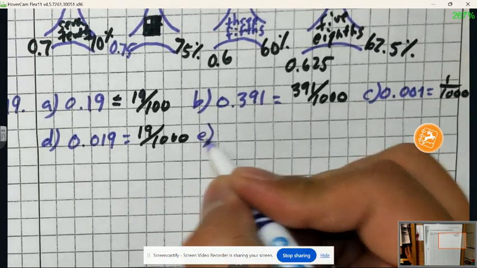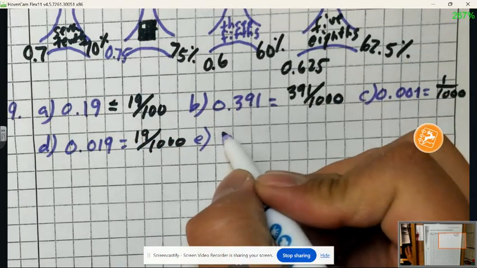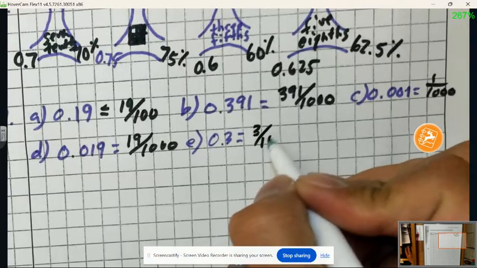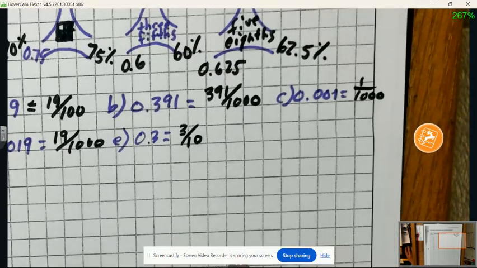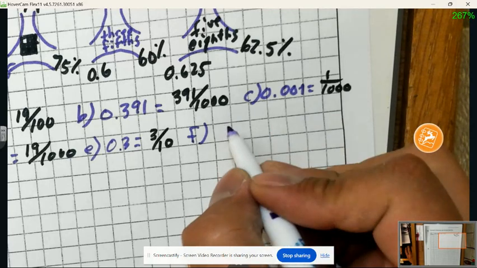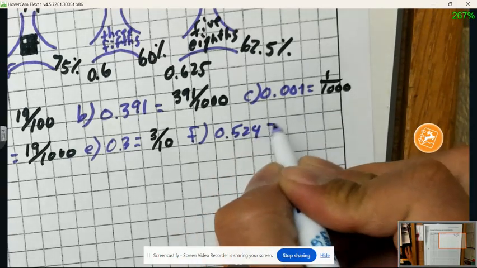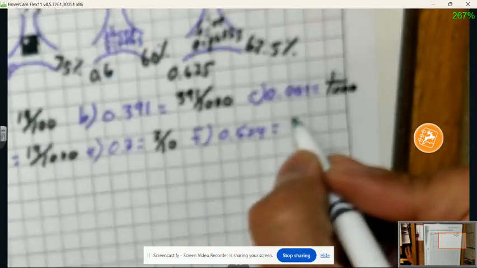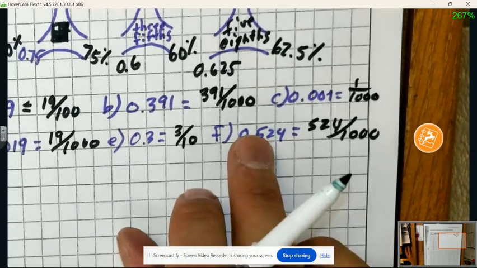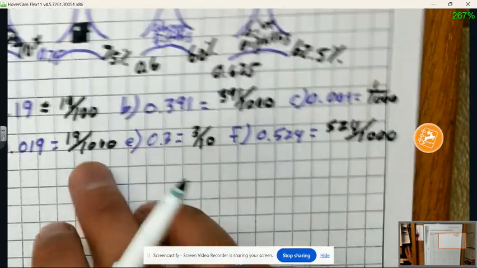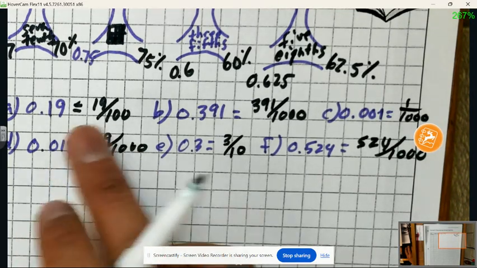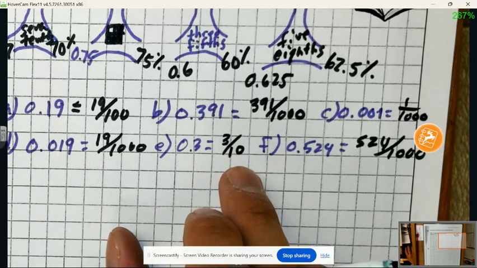And E, we have 0.3, which is equal to 3/10. And lastly, we have F, which is 0.524, which is equal to 524 thousandths. Okay, so you see place value and denominator are all related. We have 3 numbers in the decimal places, thousandths. 2 numbers, hundredths. 1 number, we have tenths.